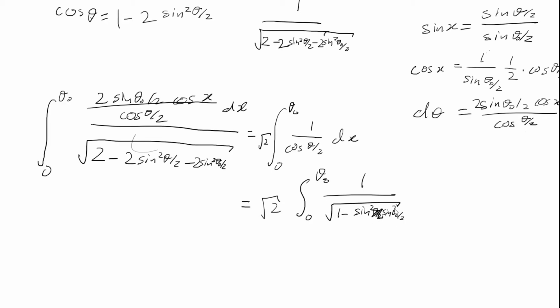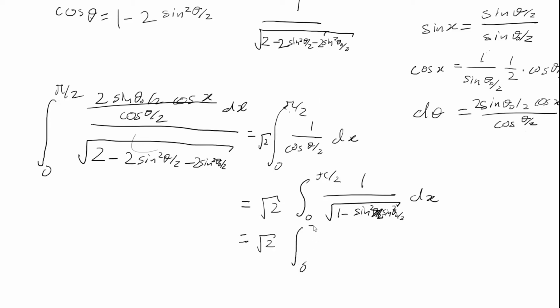And we're going to use the binomial theorem here, and it's going to be equal to root 2 times the integral. Oh yeah, and this should not be a theta naught anymore, right, because we're integrating with respect to x. If we look at x here, when theta is theta naught, sine x is equal to 1, so x is equal to pi over 2.